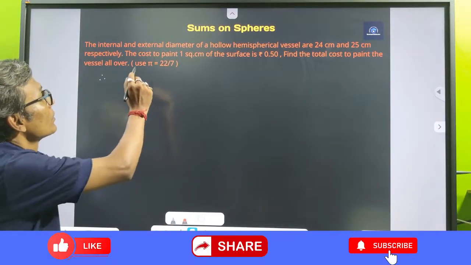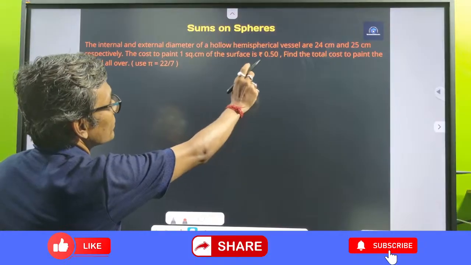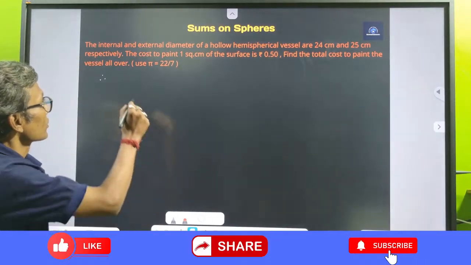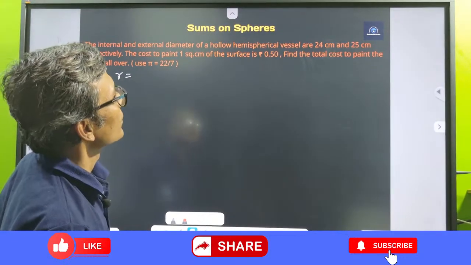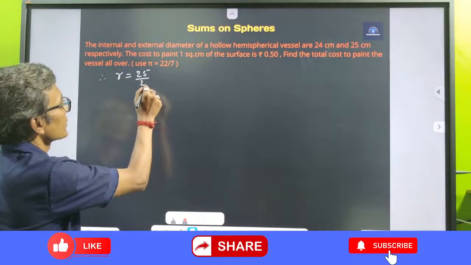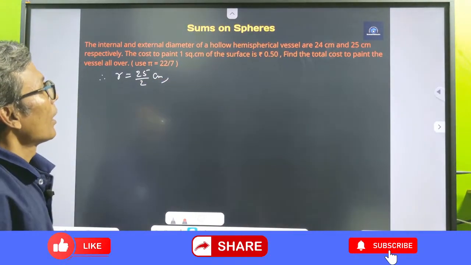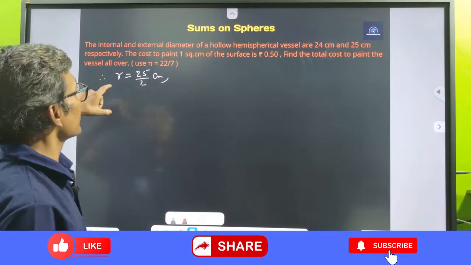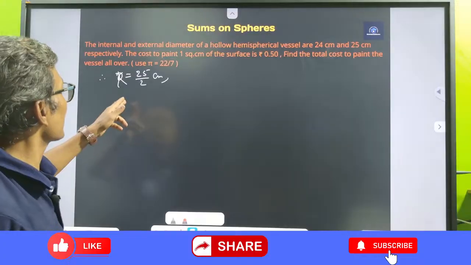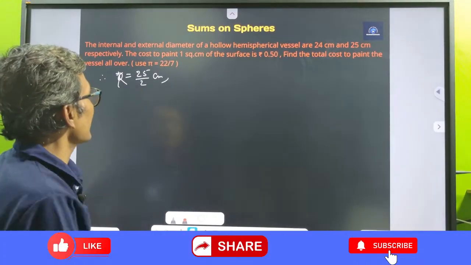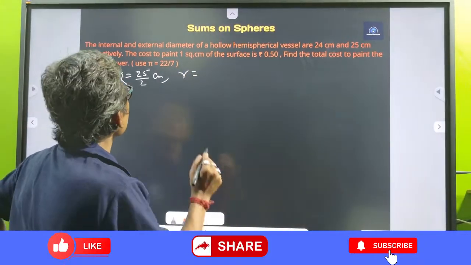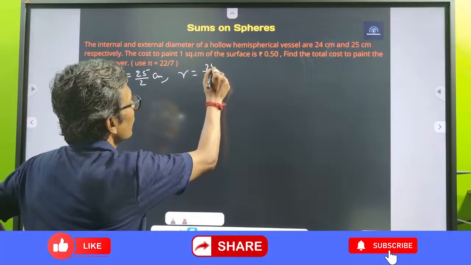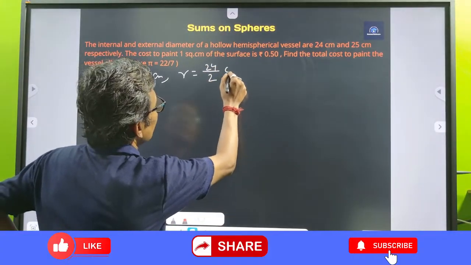The external radius of the hemispherical vessel is denoted by capital R. So R is equal to 25/2 centimeter, and small r is denoted as the internal radius of the hollow hemispherical vessel. So that is 24/2 centimeter.